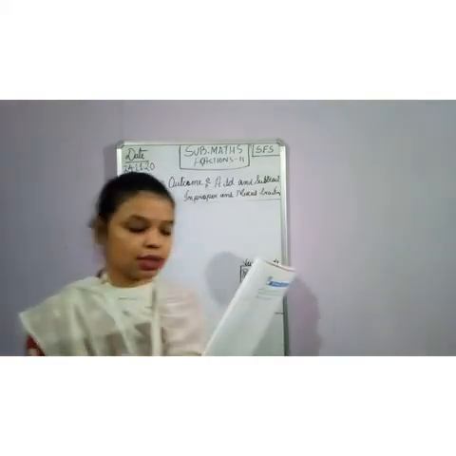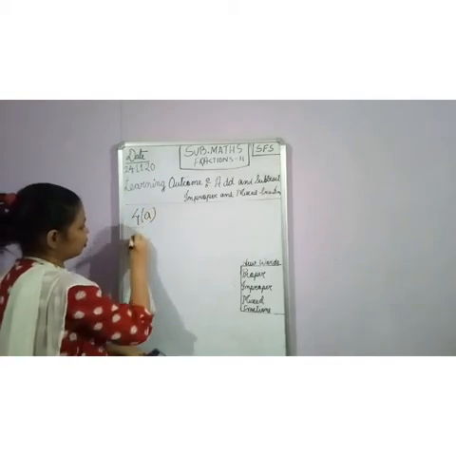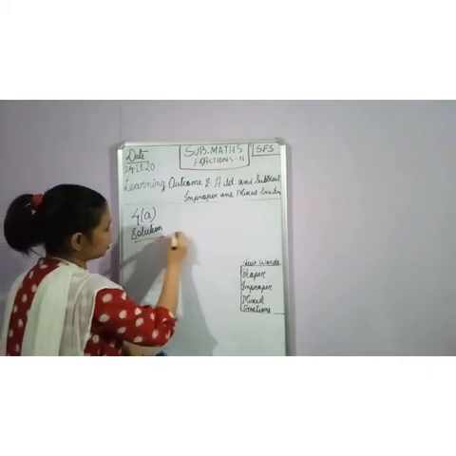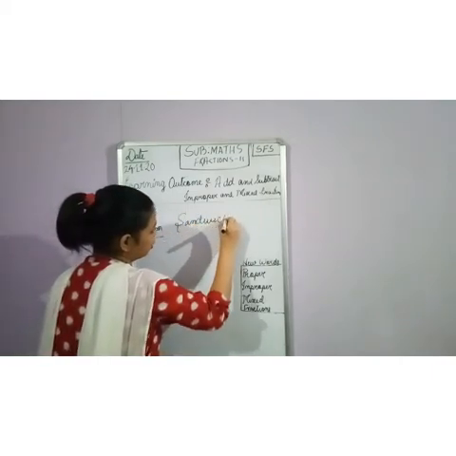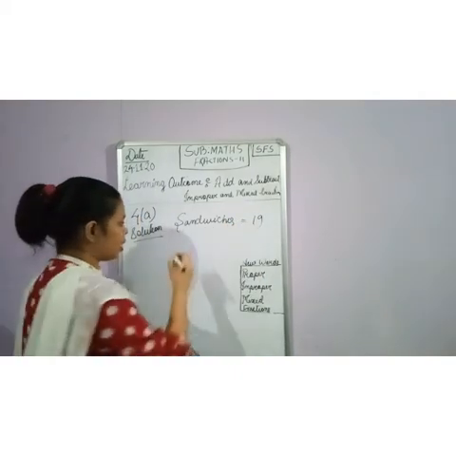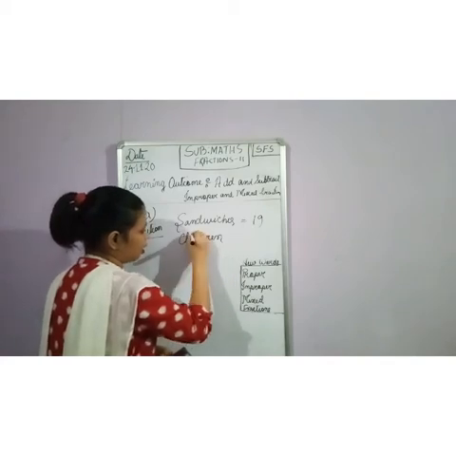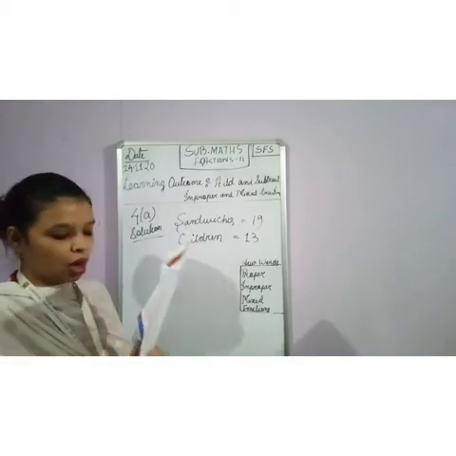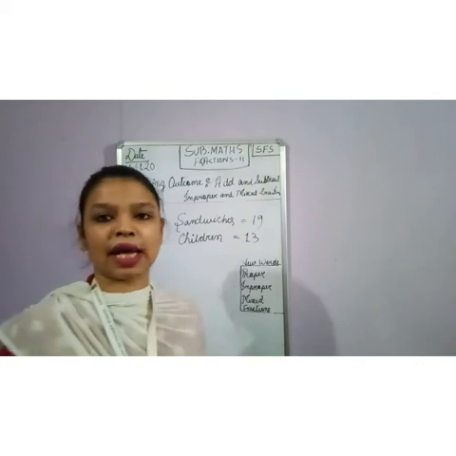Okay, so how many sandwiches are there? The sandwiches are 19. How many children are there? There are 13 children. Now it has been asked what part of the sandwiches will each child get.